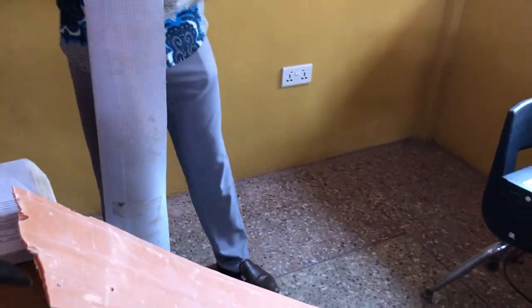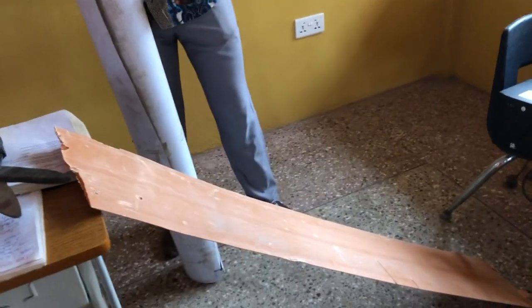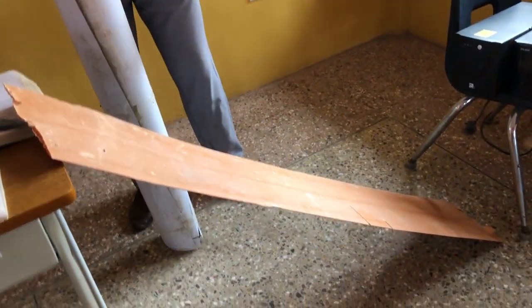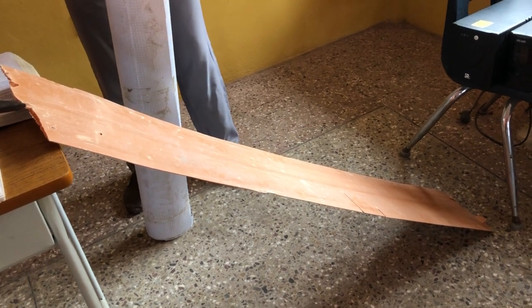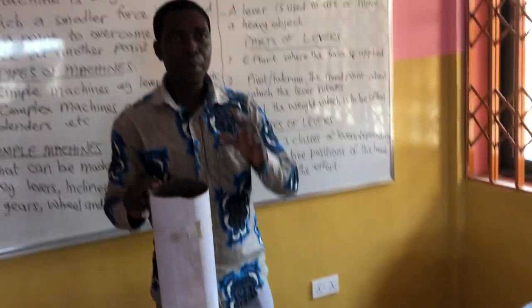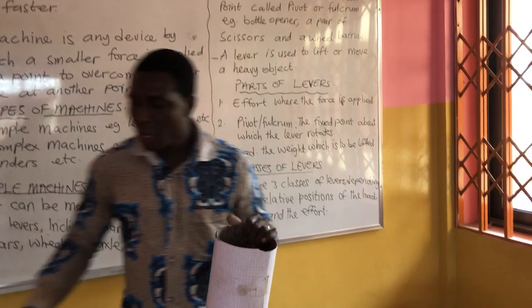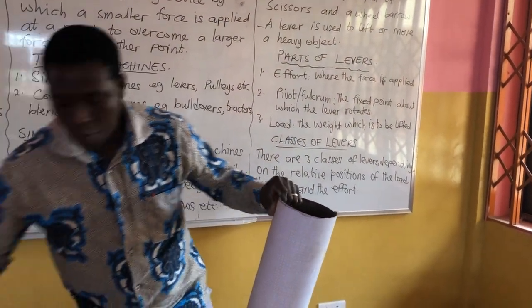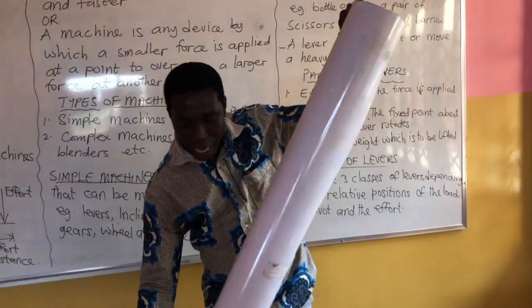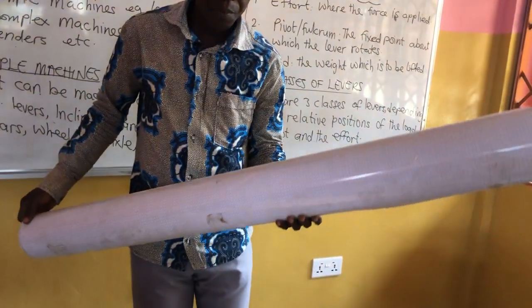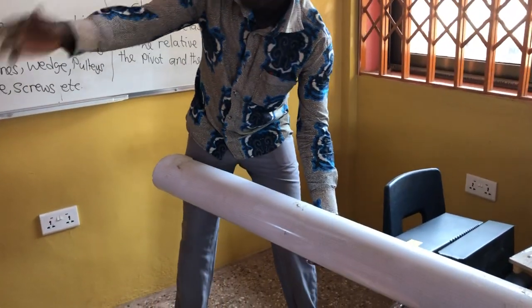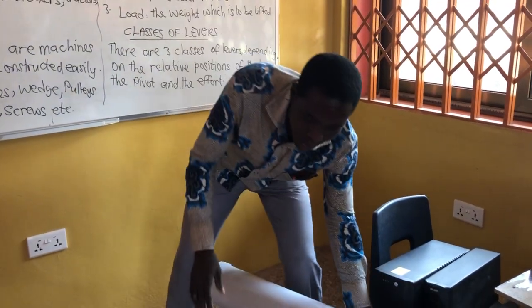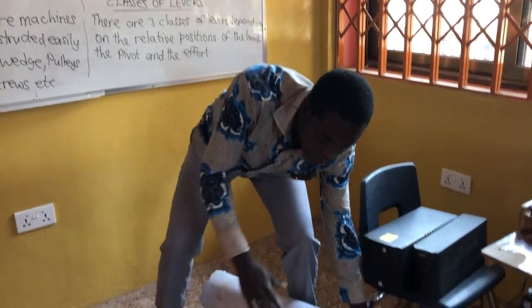For example, if you have a Kia car, or a long track car, and you want to load or offload your goods, carrying it down and up is very difficult. Some of the loads are very heavy. So for example, if I have this load which is very heavy to carry, the only thing I can do in order to raise it on top of this table is to get a support like this, which is slopey.